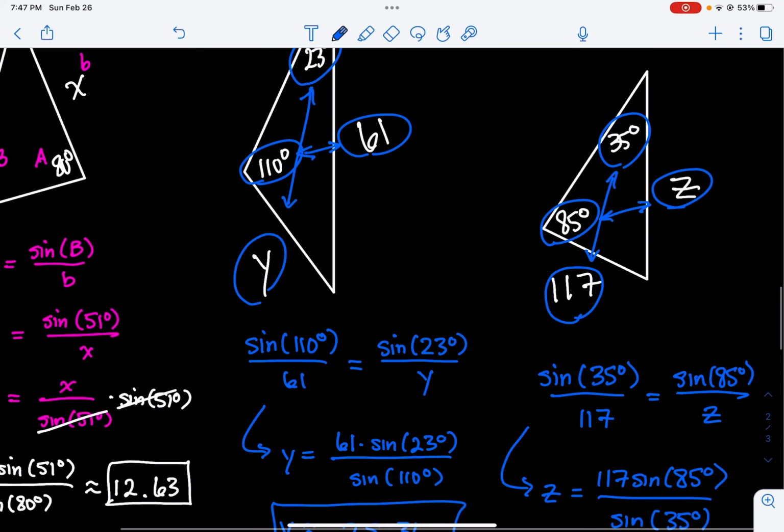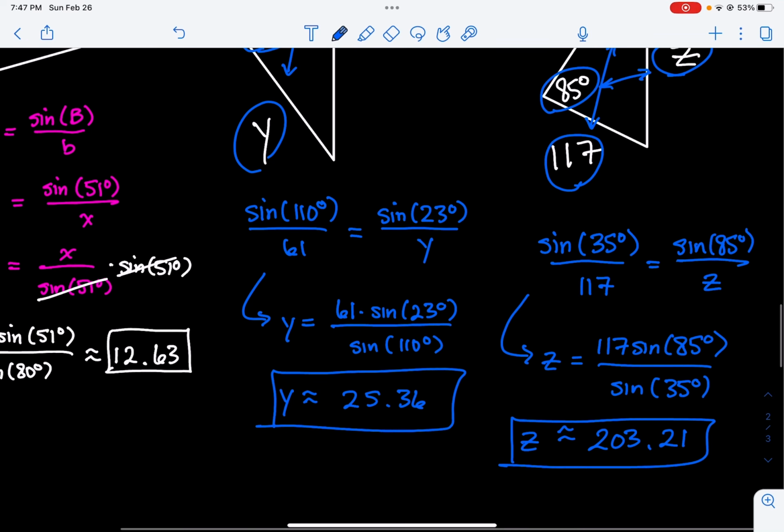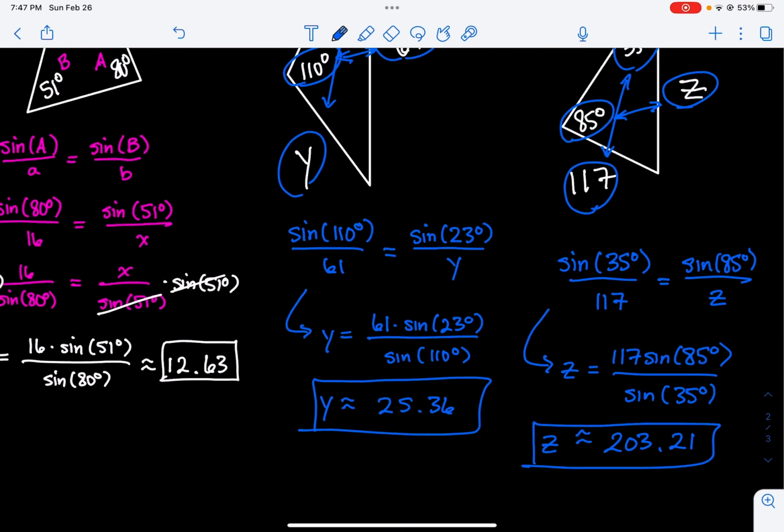That makes some sense. We had a larger angle there, so we should expect a larger side.